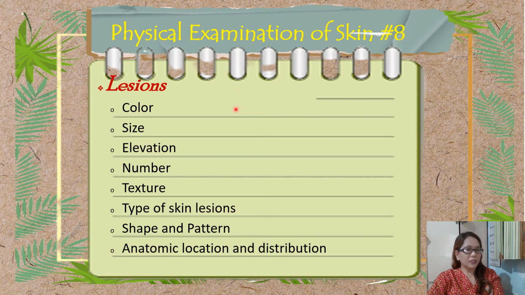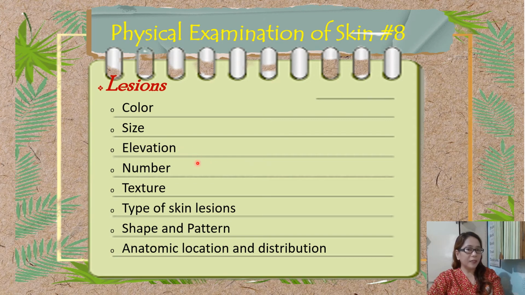Okay, so let us proceed to the physical examination of the skin pa din tayo, of course. You have to check for the presence of lesions. May lesions ka bang nakita? What is the color of the lesions? Is it red, brown? What is the size? I-measure natin yan by millimeter or cm.